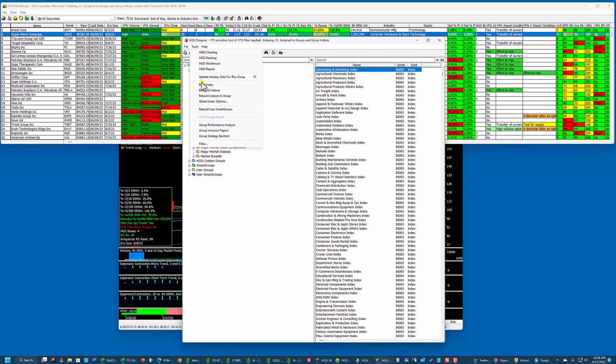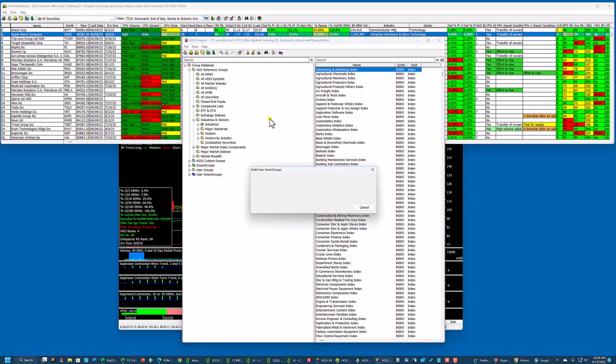Okay, and then I'll just rebuild the user smart groups. It takes about 30 seconds normally.